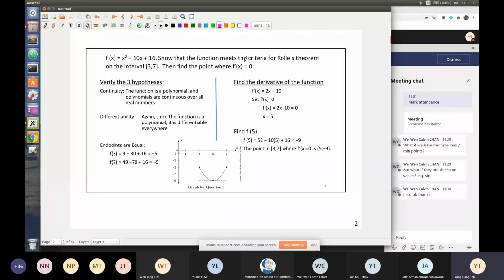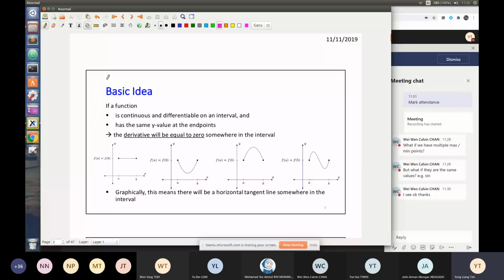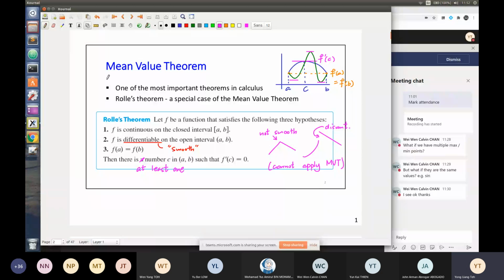Okay, so we have to verify the three conditions. Oh, by the way, I forgot. Just now I wanted to discuss this interval thing. Continuous in the closed interval, I think this is quite clear. The interval must be closed. Then this is differentiable on the open interval, which means that inside (a, b), not including a and b, you must have f being differentiable, which means f prime must exist.